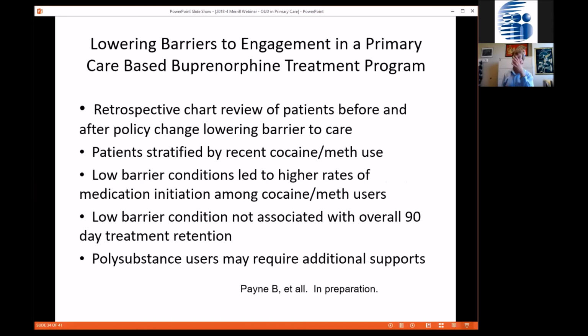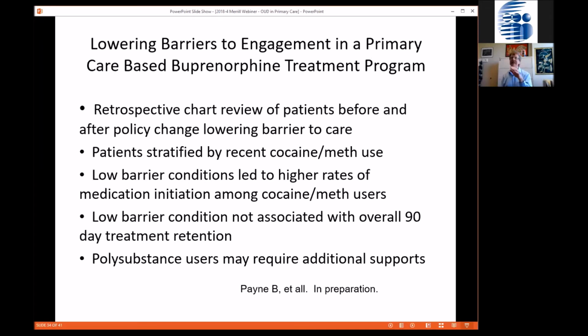And again, we looked at patients before the policy change and after, and we looked at whether they used cocaine or meth, and we found that the low barrier condition, what we changed our policy to, led to higher rates of medication initiation, especially among those people who are using cocaine and meth. That's the policy change.